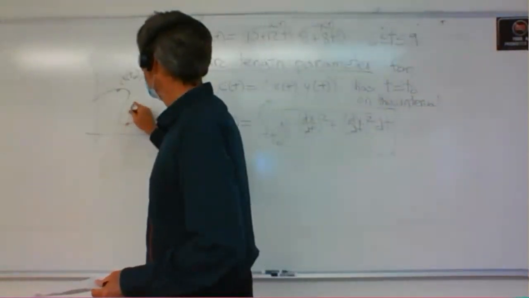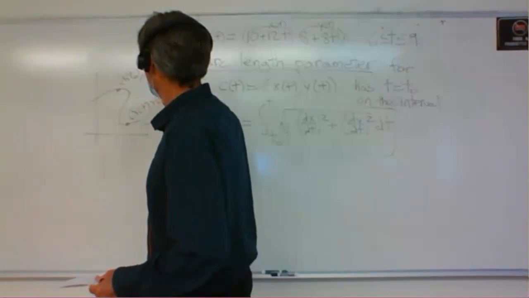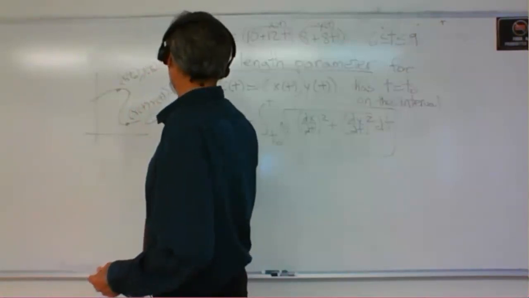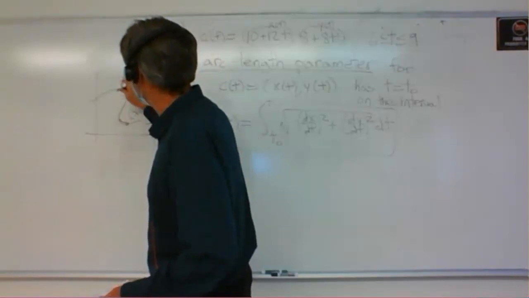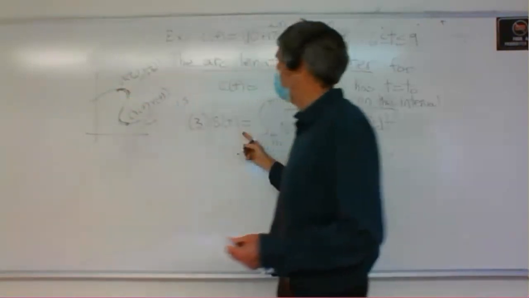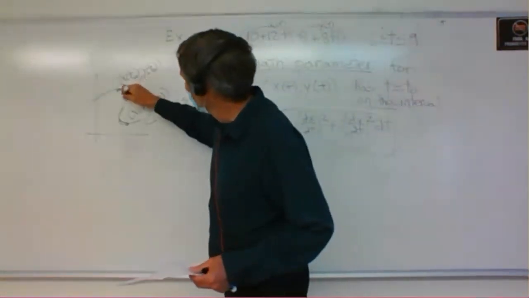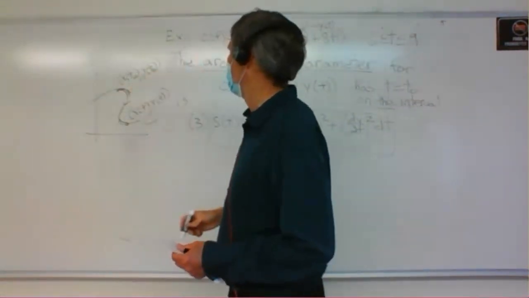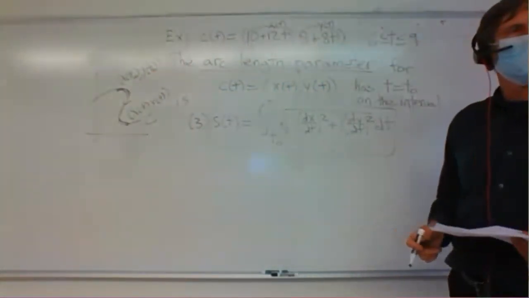I can take an arbitrary point out here, x of t, y of t, and according to formula 2, I'll call this 3, this is now the arc length from here to the arbitrary point t. So this is a function that tells us the arc length going from this reference point t naught, x of t naught, y of t naught, to any point along the curve. It gives you the arc length.